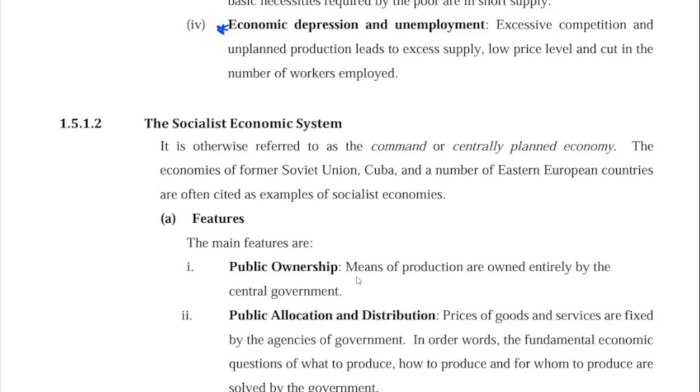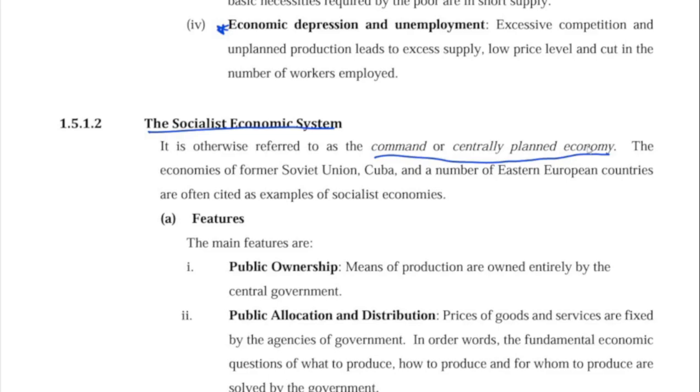The socialist economic system is also otherwise referred to as a command or centrally planned economy. What are the features of this economy? What does this economic system actually mean?